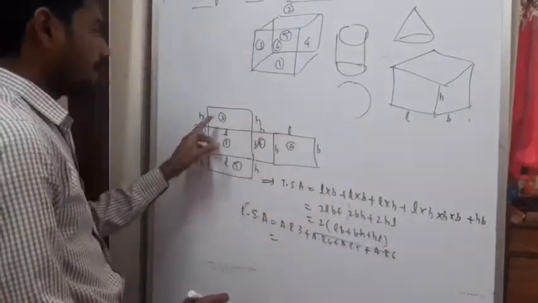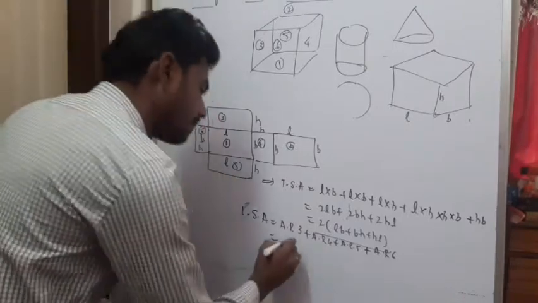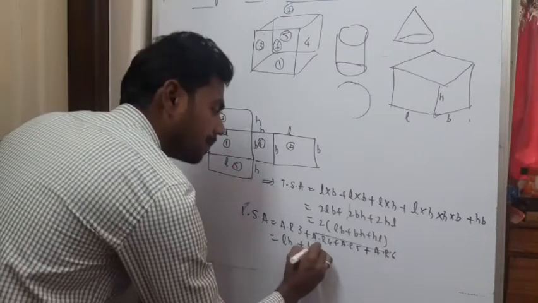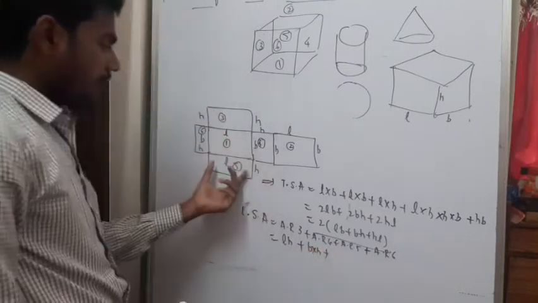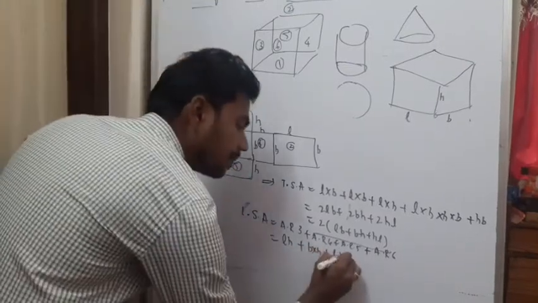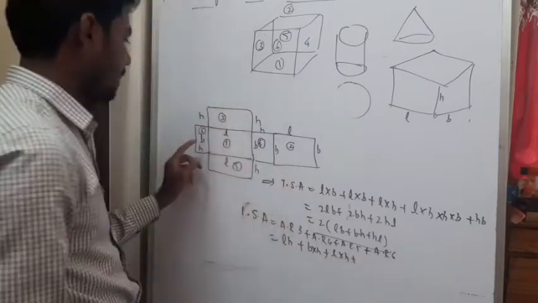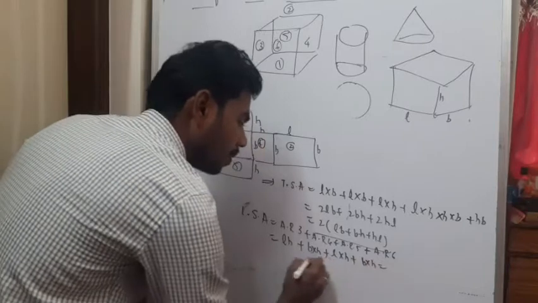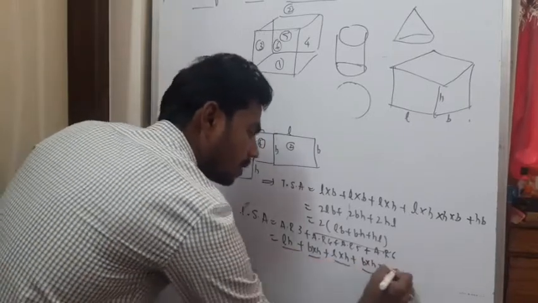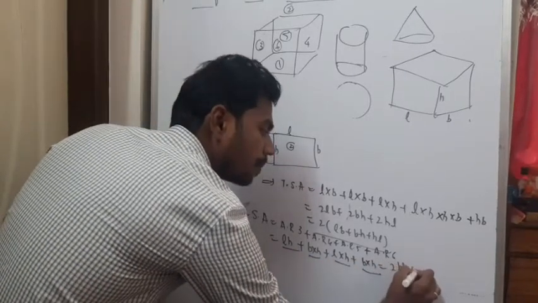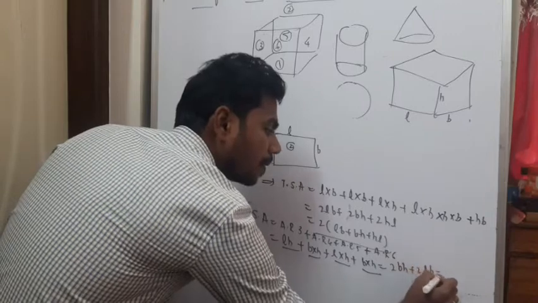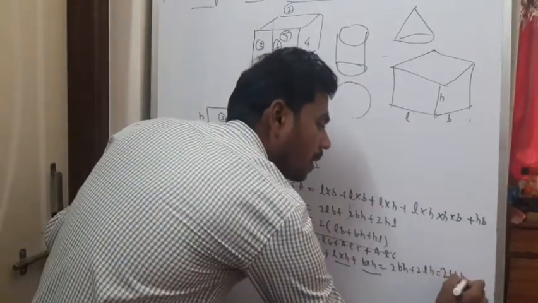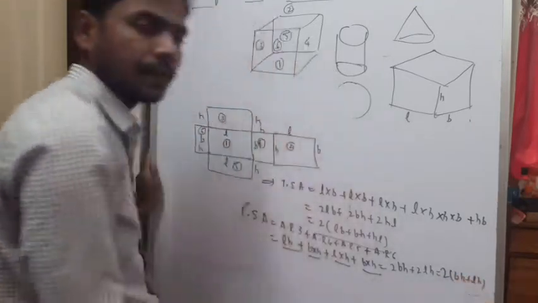Area of rectangle 3, B into H. Area of rectangle 4, L into H. 5, B into H. Then 6, L into H. So 2BH plus 2LH, which is equal to 2 into BH plus LH.